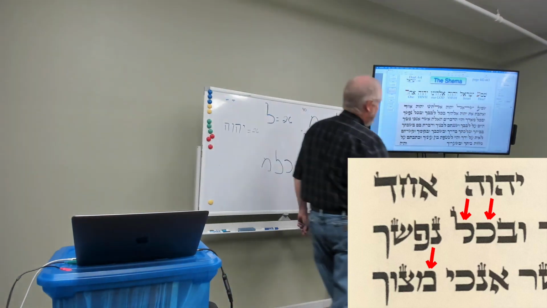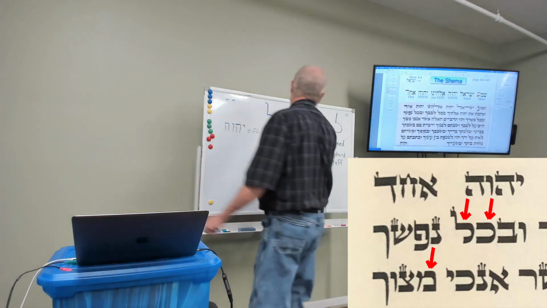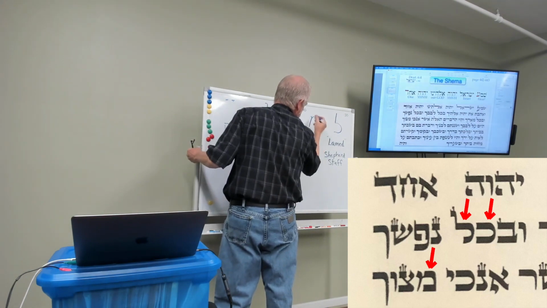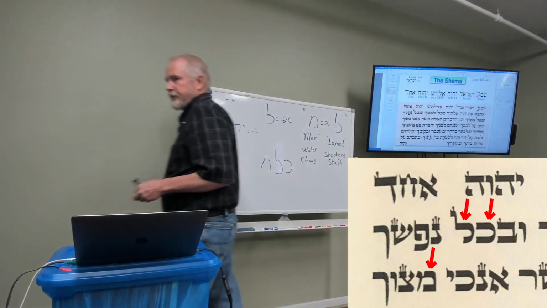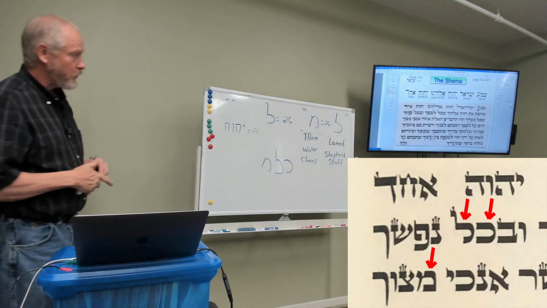And if you look here, here's the Mem. See the Vav? There's a Vav there, and there's the Kaf. So we have a Vav here and a Kaf. Kaf is 20. Vav is 6. It also equals 26. These are the component letters. It's really cool because you see this stuff.